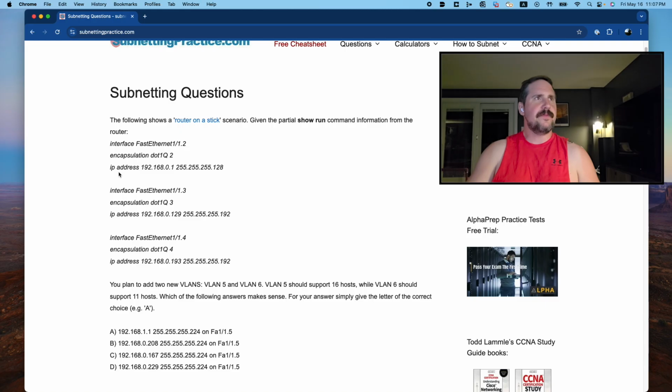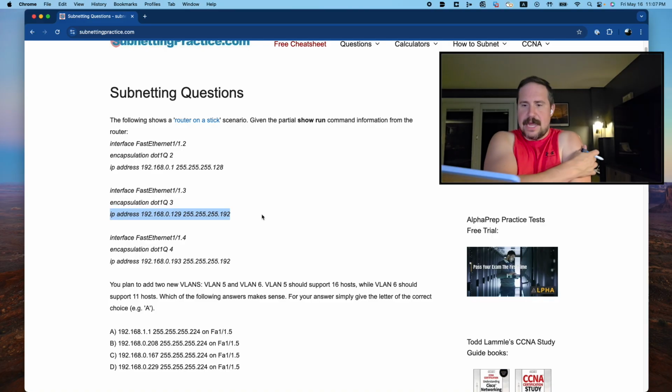All right, next up. So for interface 1.2, what do we got? What is the range that we have? So we are in the fourth octet again, a .128. I'll put my little tick mark on the 128. That means our range is 0 to 128. So available space for IP addresses is 0 to 128. All right, for number 3, we've got a .192.